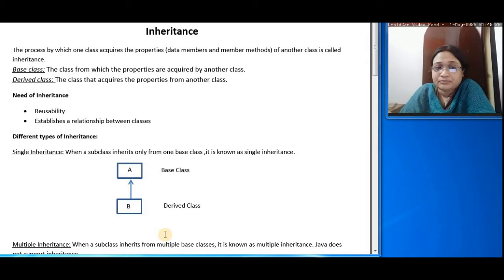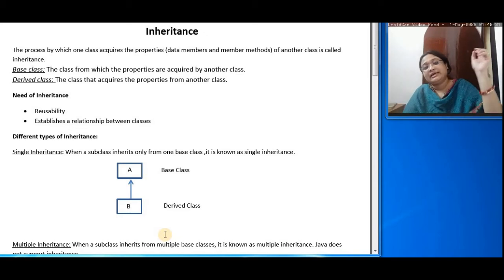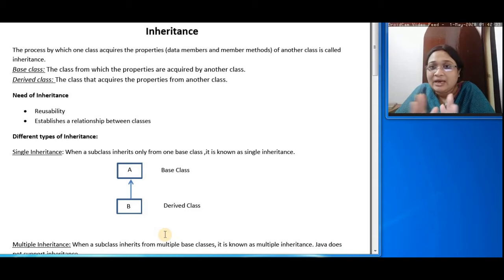To make it very simple, let me take the example of a father-child relationship. What happens in a father-child relationship? Consider the father as the base class or the parent class. The child acquires some properties from the father, and along with that, the child has its own properties also.